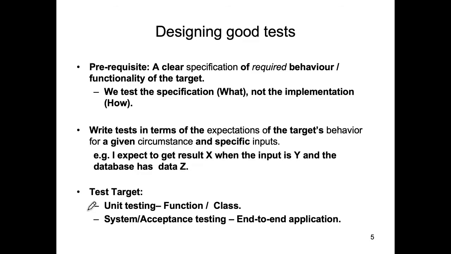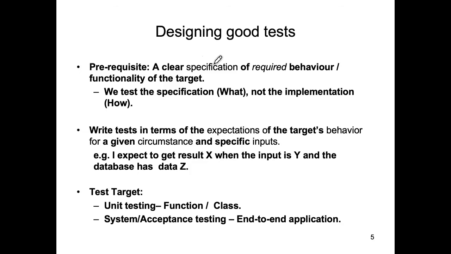So we've got to essentially develop or write tests. Are there any guidelines as to how we should design those tests? That's what I'm getting at in this and the next slide. Now, the starting point before you can write tests for any piece of software has to be this: you have to have a clear specification of the software itself, be that a class, a method, a feature, doesn't matter whether we're talking about unit testing or integration testing or system testing.